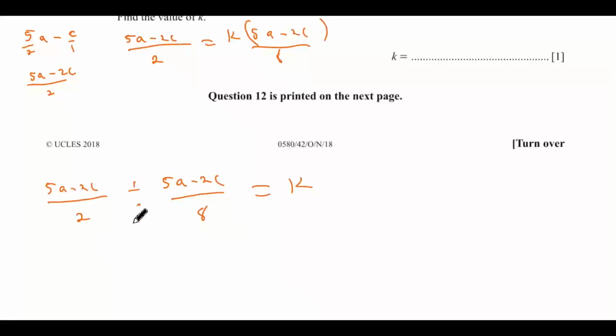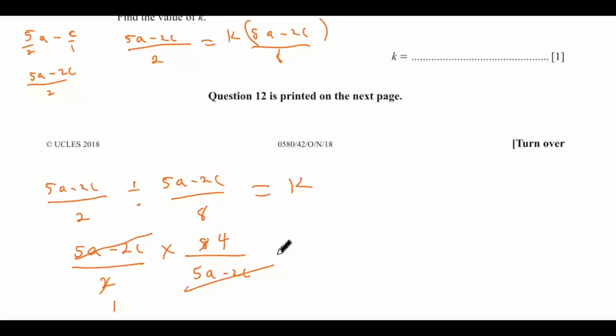Now we need to change this sign of division to multiplication. It will be 5a minus 2c over 2 times, when you change it, you flip the fraction, 8 over 5a minus 2c. Of course, this will cancel this. 2 goes in 2 once and 2 goes in 8 4 times, equals k. So that implies that k is equal to 4.